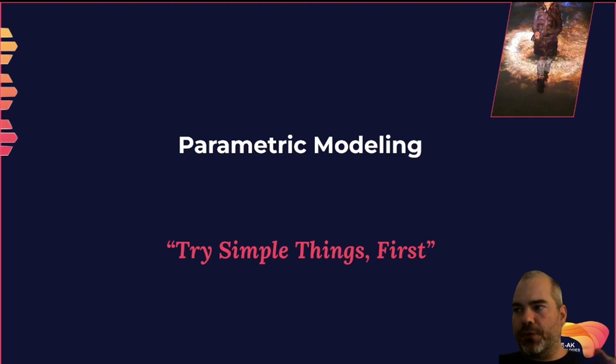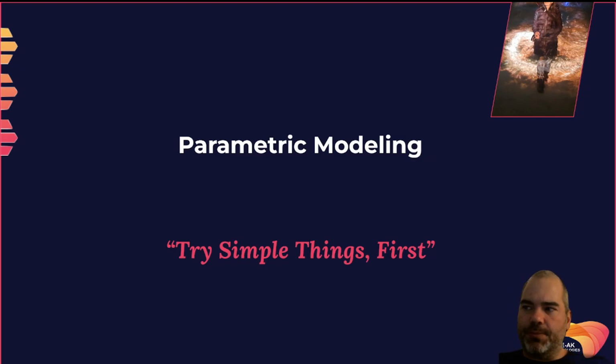I want to introduce, for some of you, parametric modeling. Parametric modeling is the idea that we use some machine learning algorithm where we fit some parameters to find some characteristic of the feature that will be used in the experiment. Another motto here: try simple things first. I don't blame it on anything, but I've been in the field of machine learning for a long time, and I found that recently people are quick to go straight to deep learning.